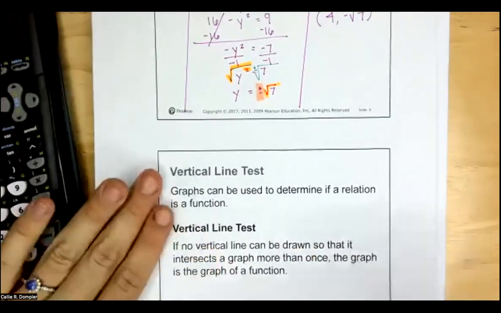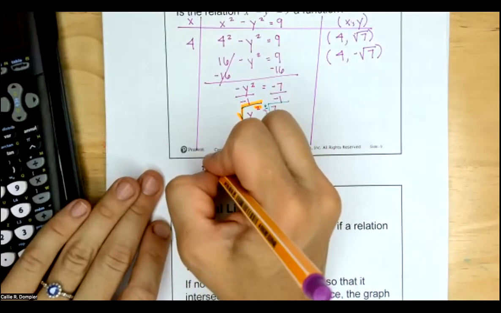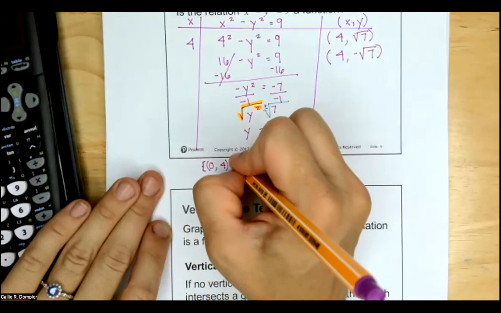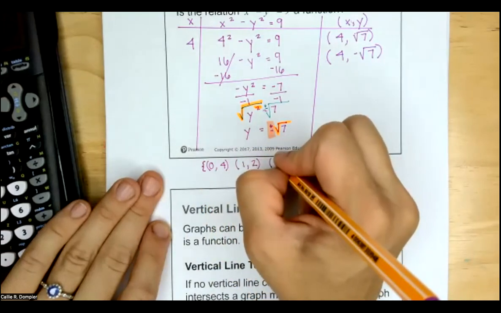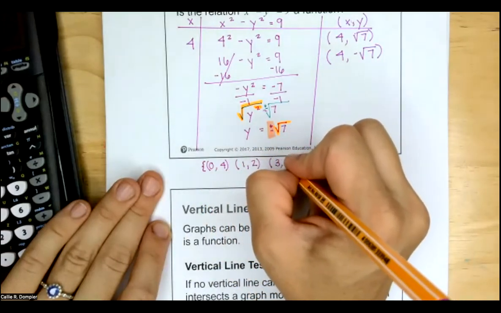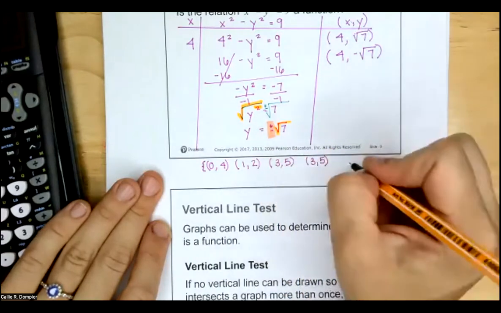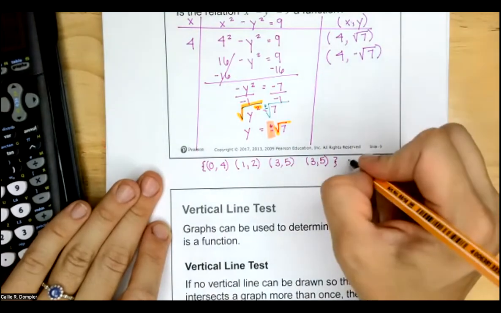Okay, this is a good place too. Before we go to the vertical line test, I'm going to show you. So we have 0, 4, sorry, 1, 2, 3, 5. And then I'm going to write 3, 5 again. Okay? That is still a function.